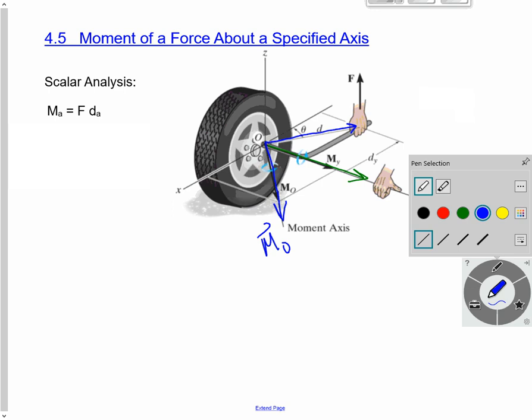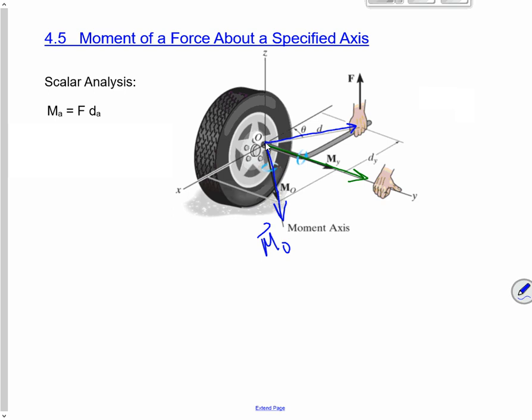I've written a scalar analysis over here, and it's very confusing. Basically, this is saying the moment around this axis is equal to the force times some distance along that axis. So here's the d I'm talking about there, the dy, the perpendicular distance.